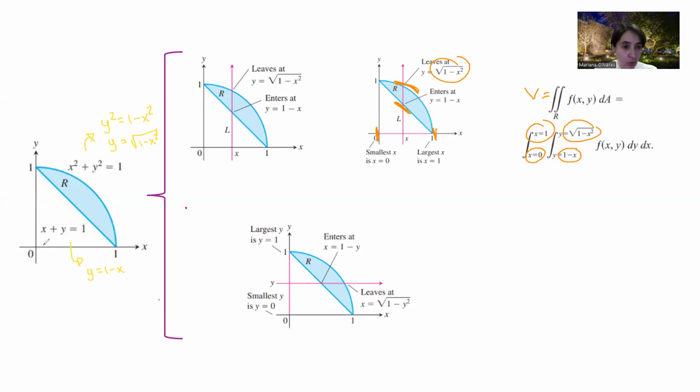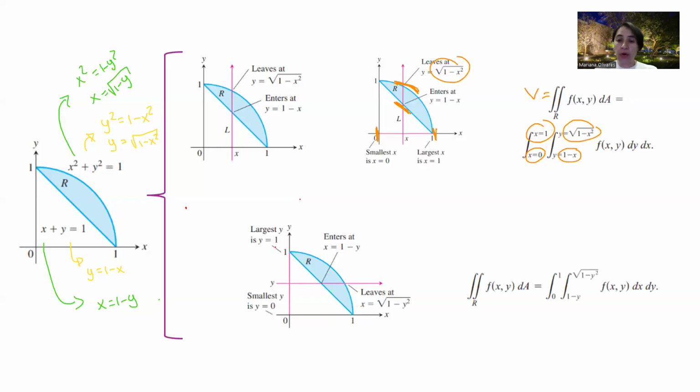So in this case, what we're getting from here is that x has to be 1 minus y. And from here, we are getting that x squared has to be 1 minus y squared, and x has to be the square root of 1 minus y squared. So basically, that is what we're doing here to calculate the limit of integration. Okay, people? So if we move on, now we can write the equations for both of them.